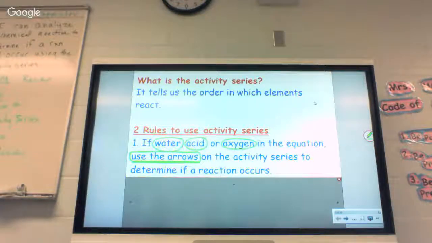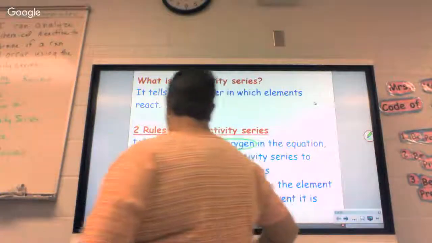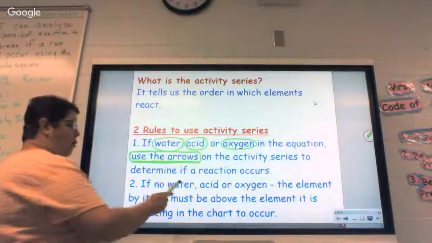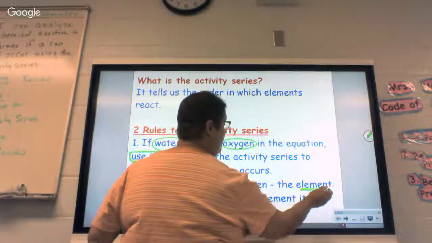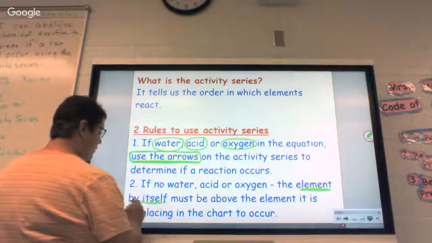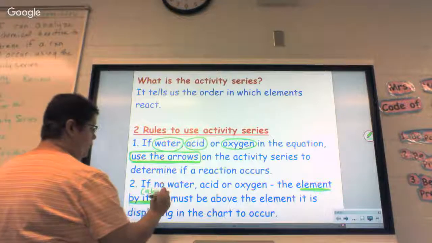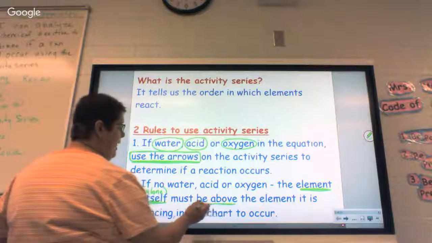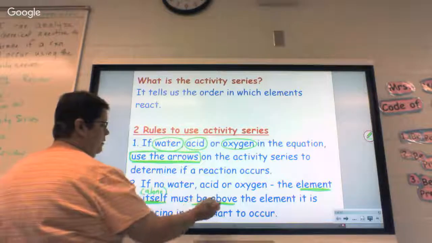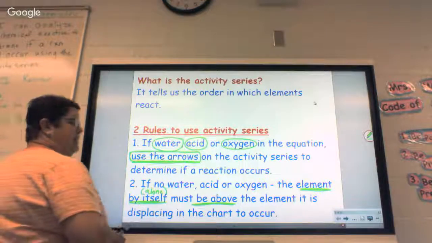So, how can we use this chart other than reading these arrows? The second way is if there isn't any water, acid, or oxygen. The element that is by itself, or by itself, I mean alone, has to be above the element it's displacing.